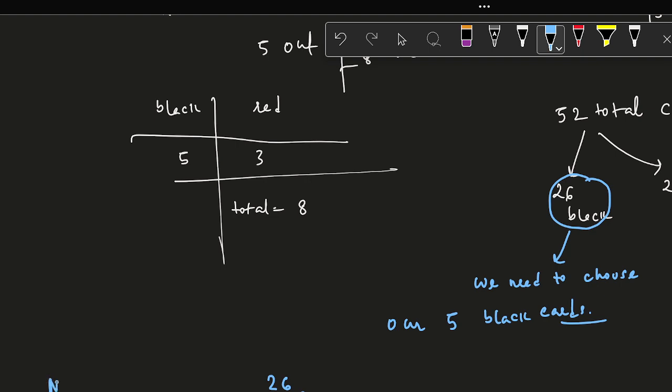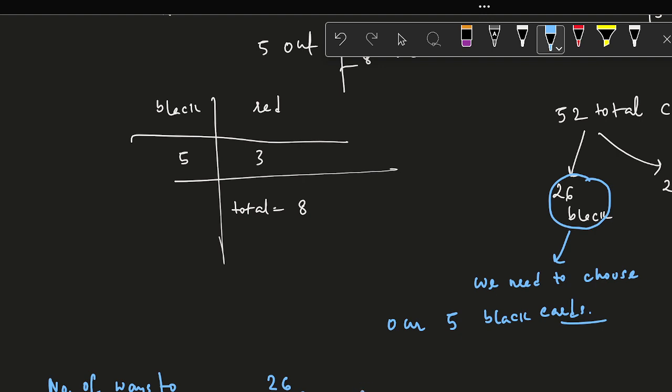So it is the number of ways to choose 5 black cards in our hand out of 26 total black cards in the deck.